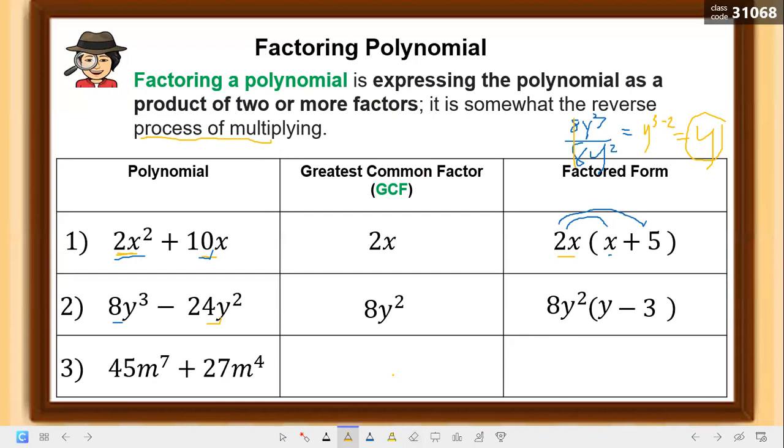Okay, very good. Correct. So, divisible by 9 and yung least degree niya is 4 yung m. Okay? And then, you're going to find the factored form. Copy first the GCF. Then, lagay ka ng kulungan. Tapos, i-divide mo yung first term doon sa GCF. What is the quotient? Can you give me? Rafael.